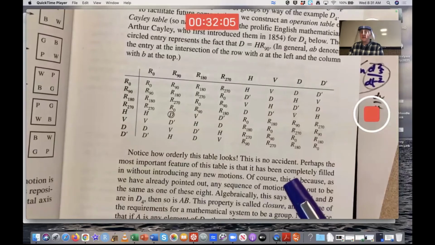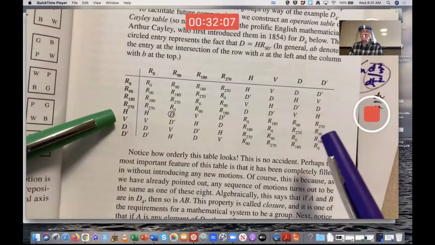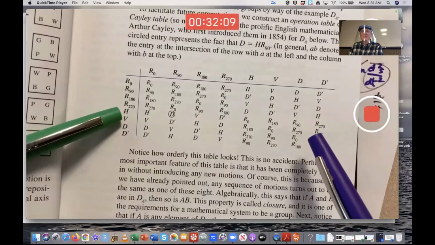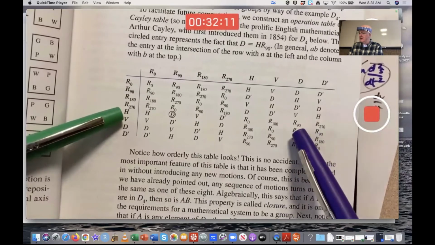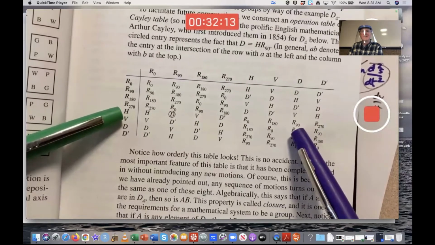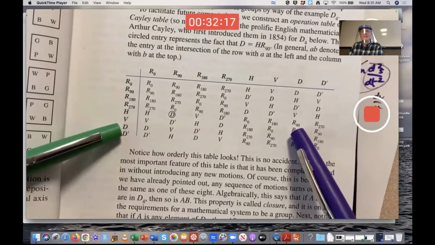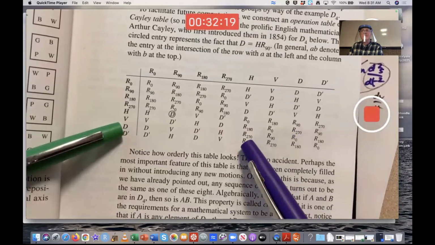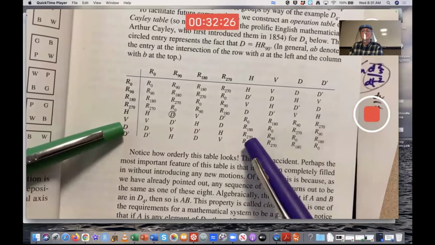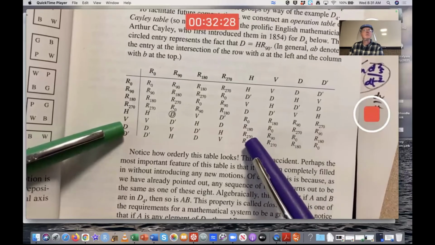They don't commute with each other, for example. Well, H commutes with V, but it does not commute with D or D prime. H composed with D is R90, but D composed with H is R270. The R90 and the R270 there and there don't match.